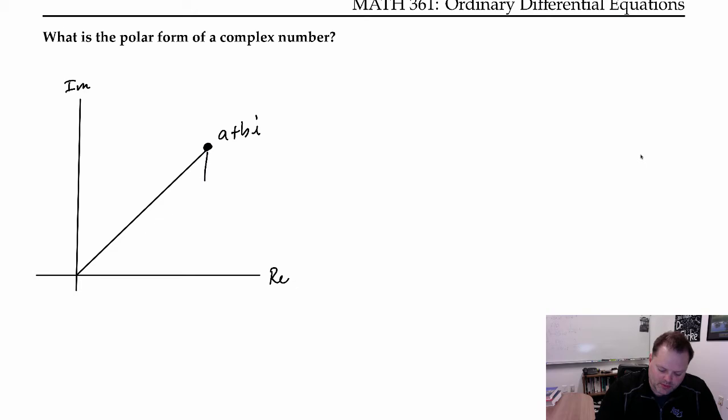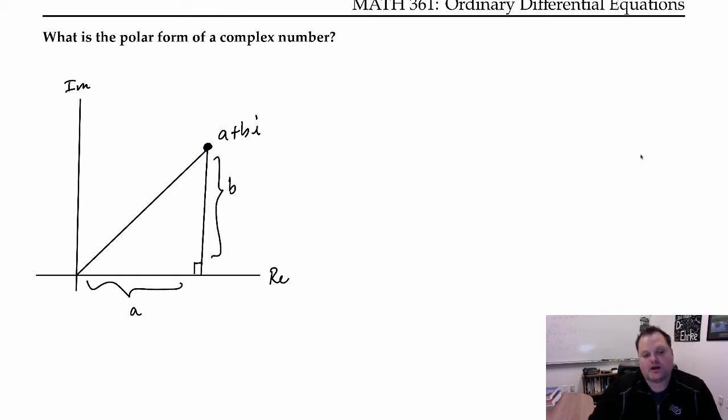It will show up. We know that this side is a, this side is b. However, rather than try to locate points in the plane by doing it rectangularly, I could locate points in the plane by thinking of this vector as going out the modulus and then tilting up by whatever this angle is.